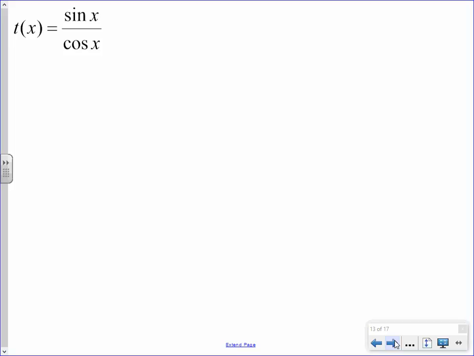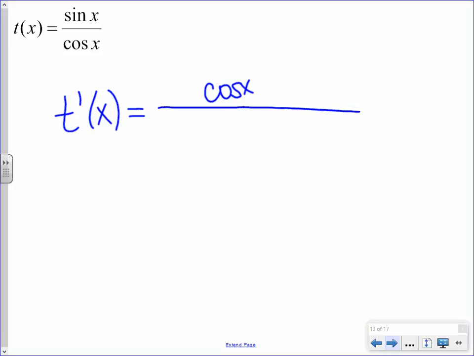When we take the derivative, it's low d high minus high d low all over low squared. So low d high, we leave the denominator function alone. What's the derivative of the numerator? Cosine of x.